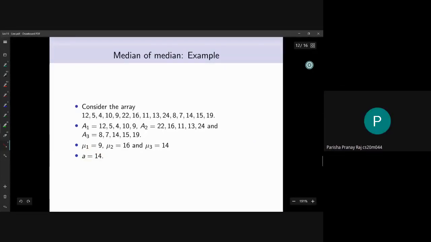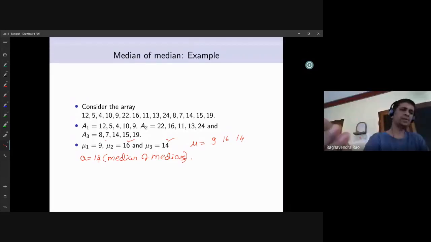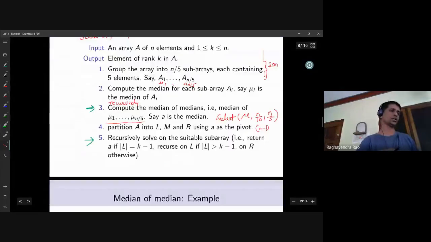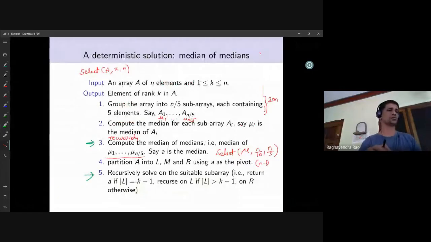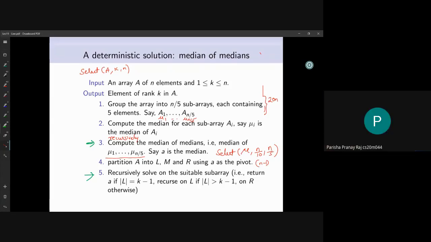So in this second step, if there are more elements, there would be a recursive call. Yes, even here it will be a recursive call. You see, I didn't write a base case for the recursion. If the size of the array is smaller than 10, say, then compute by brute force. In quick select and quick sort, everywhere I skipped that part. In any recursion there should be a base or terminating condition.